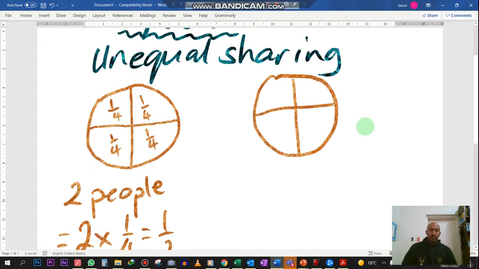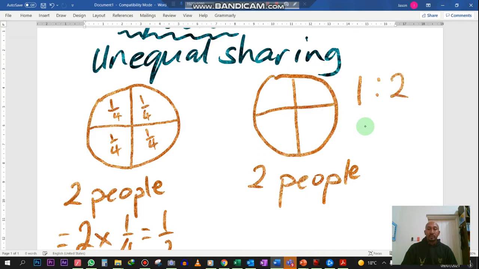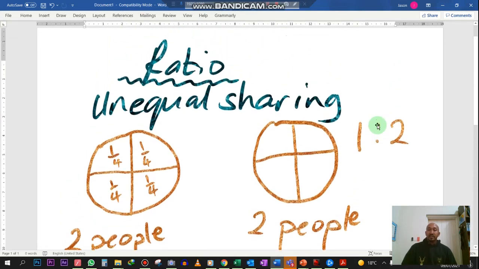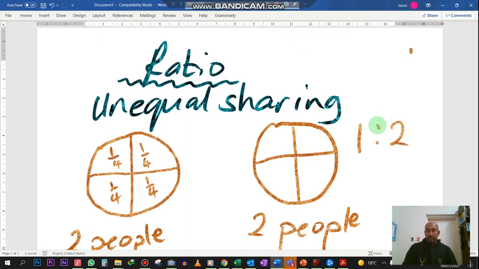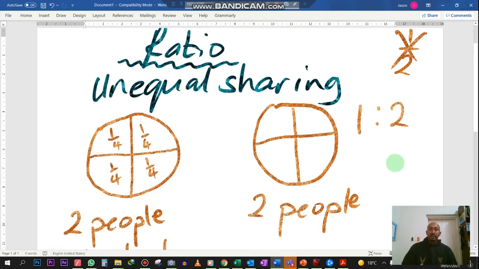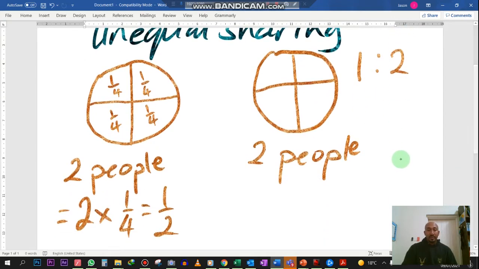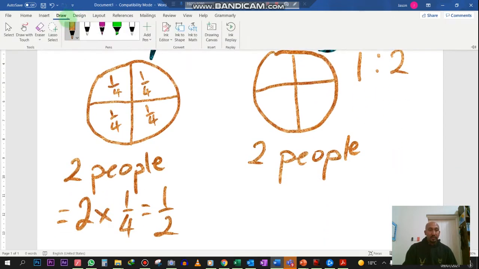Now, if we're sharing the same thing, this pizza here, with 2 people again, but we were using the ratio of 1:2. That does not necessarily mean as a fraction, it would mean each person is getting a half. No, it would mean that the first person, and remember, I've said to you before that order matters.